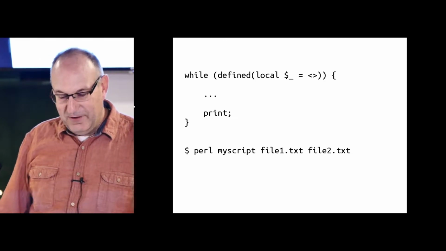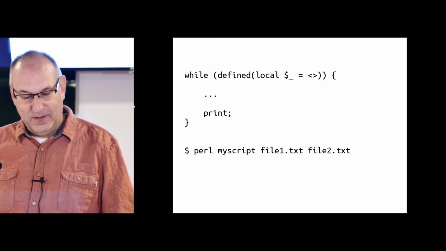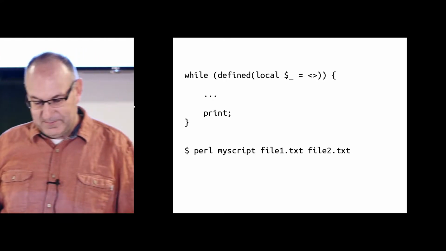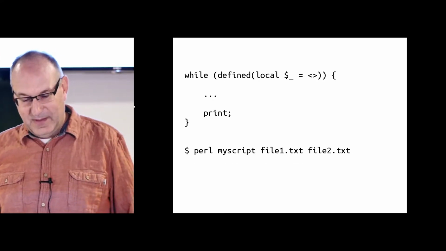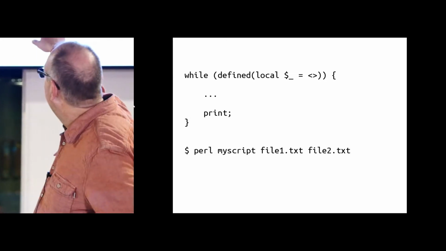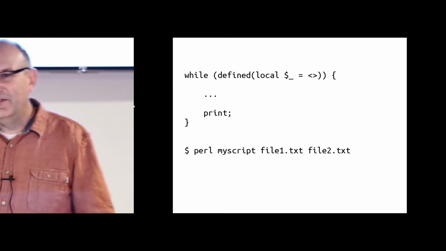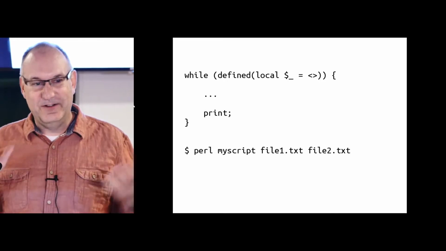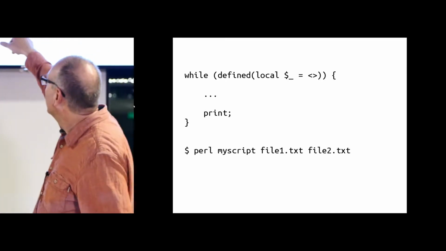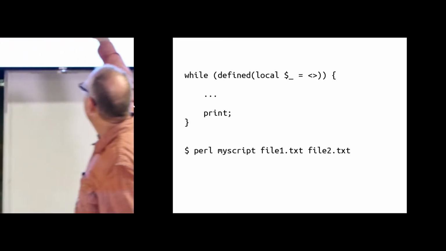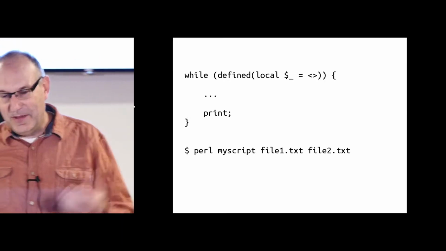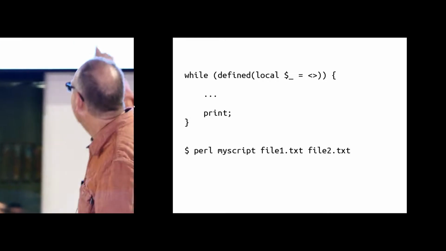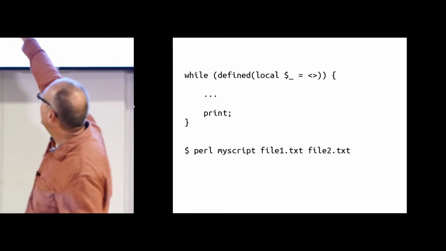But what if we want to do something that's a little bit more elaborate? This is a code snippet that we would actually put in a file and run. The while defined local so-and-so, and then print. How can we implement that type of loop and then do some meaningful work inside of the loop?